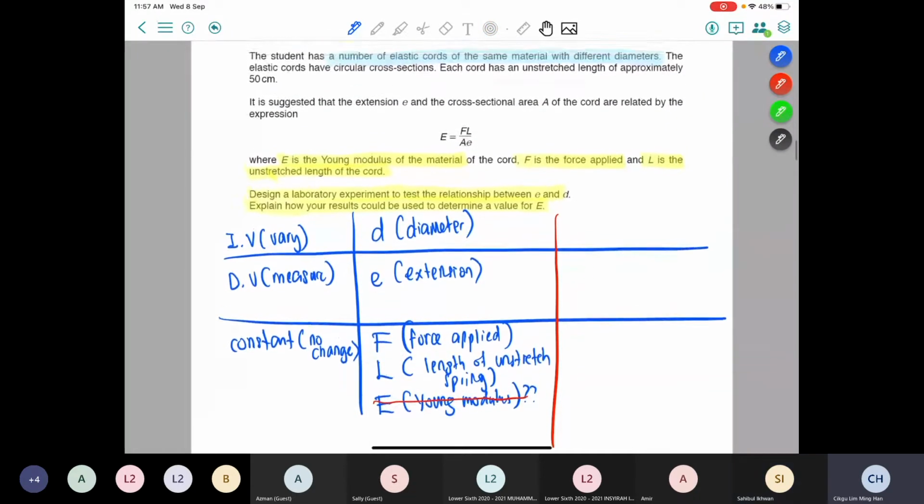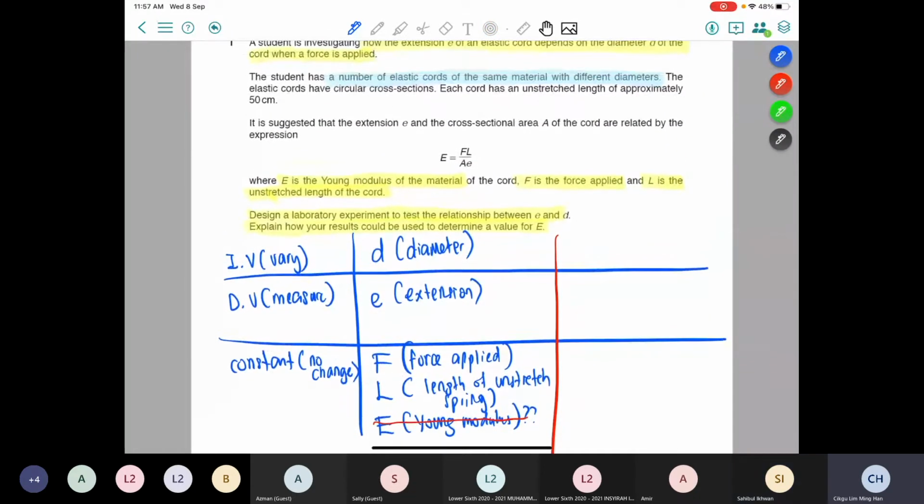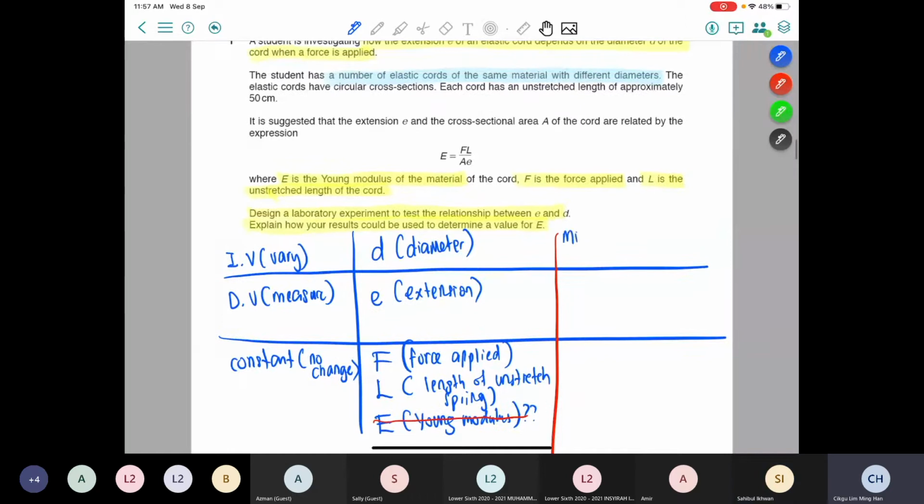Micrometer. Oh, micrometer. Alright. Do you need to add anything, like measuring from different positions? Okay. And average. Take average.